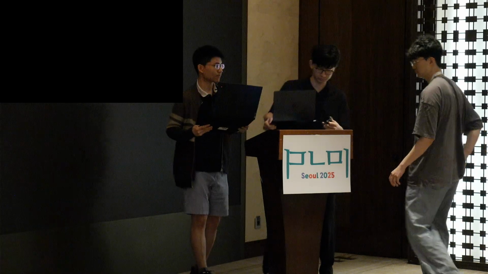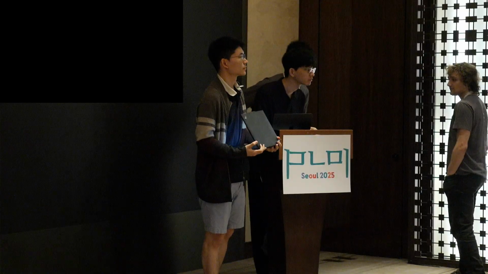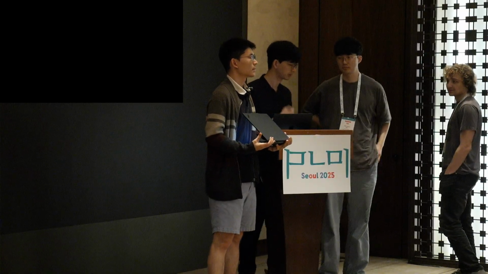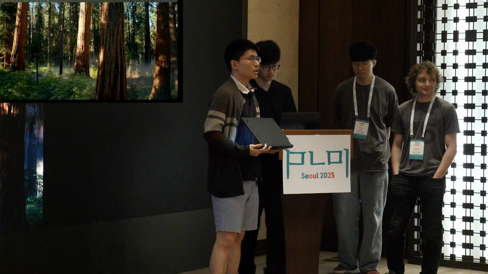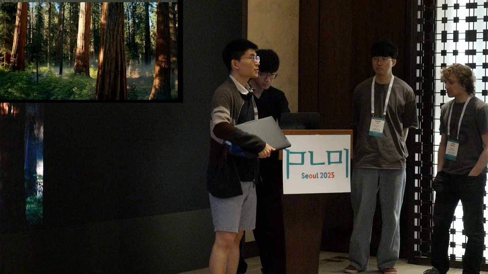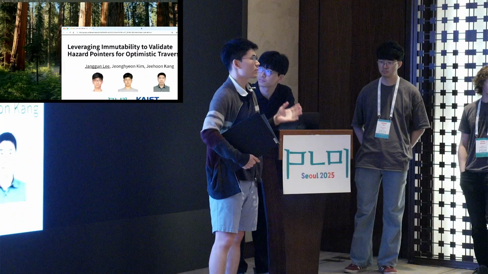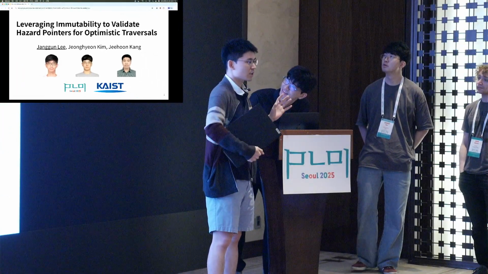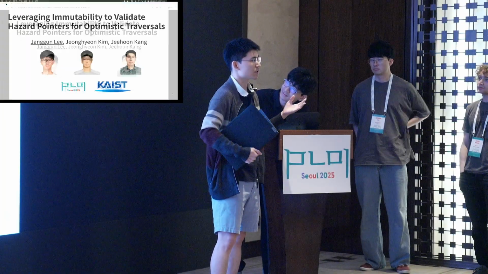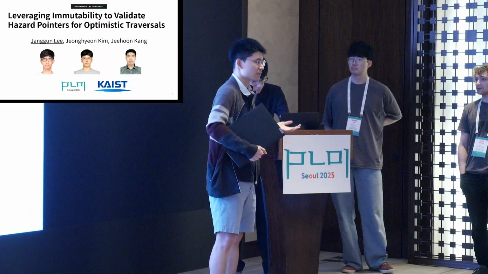Another question: is it difficult to move to other data structures and maybe even to other reclamation schemes? Actually, we are doing another case study to verify the hazard pointer algorithms. The proof rules are quite similar. There is some portion of the proof rules that is shared between the RCU specification and the hazard pointer specification.